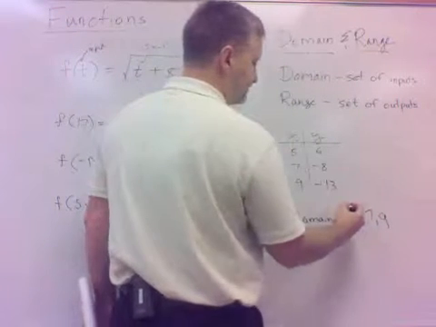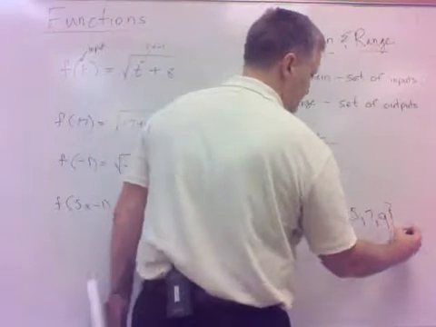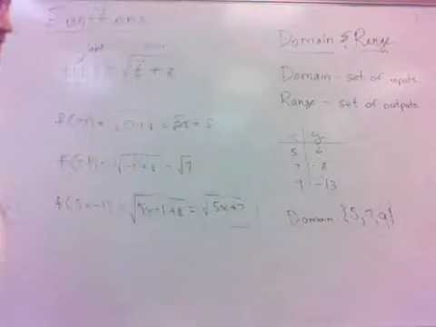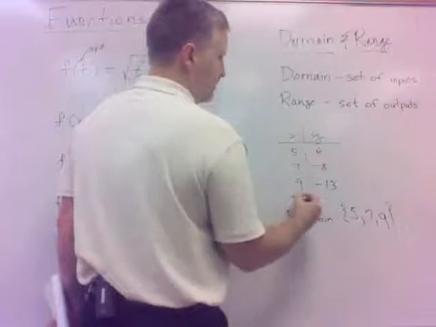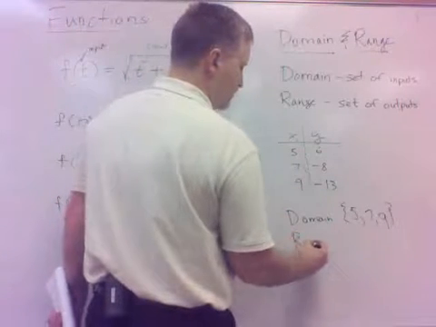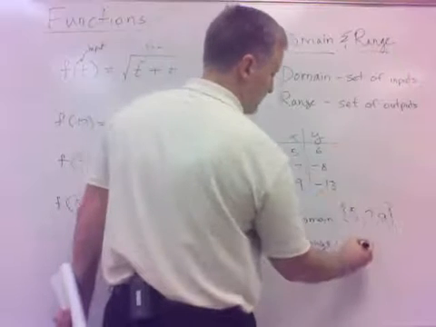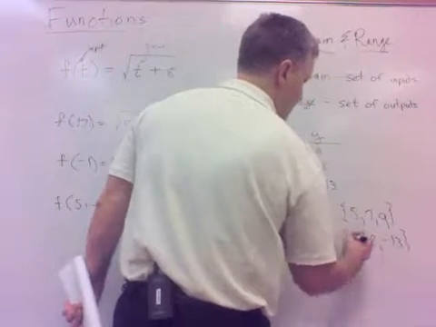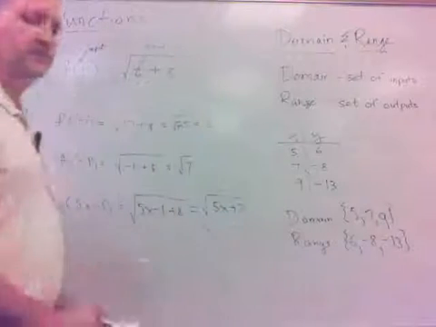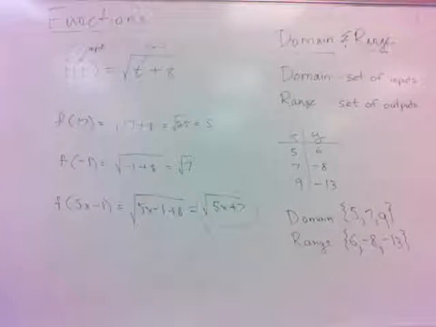And if it's just numbers like that, they'll put them in set braces. Don't let that throw you off. That's just called set braces. But the domain is 5, 7, and 9. Then the range, what's the set of outputs? So it'd be 6, negative 8, and negative 13. Okay? That's all what's meant by that.